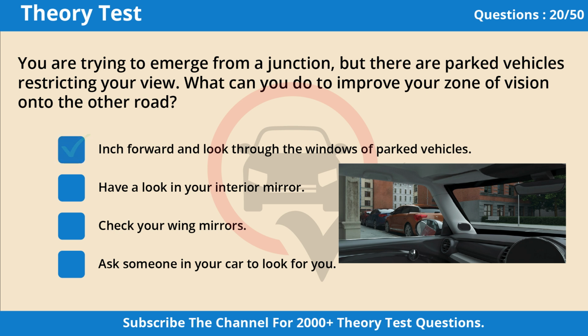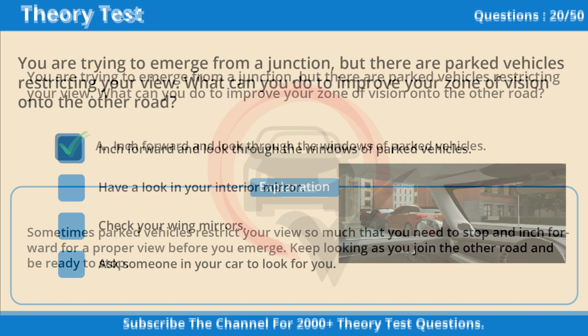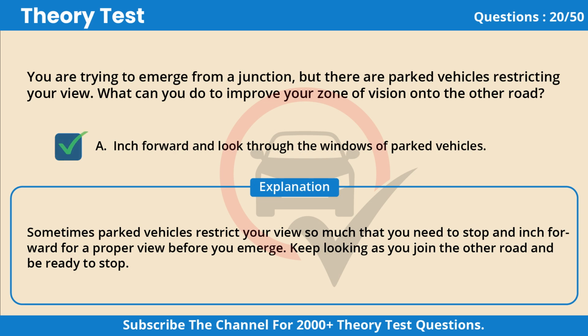A. Inch forward and look through the windows of parked vehicles. Sometimes parked vehicles restrict your view so much that you need to stop and inch forward for a proper view before you emerge. Keep looking as you join the other road and be ready to stop.